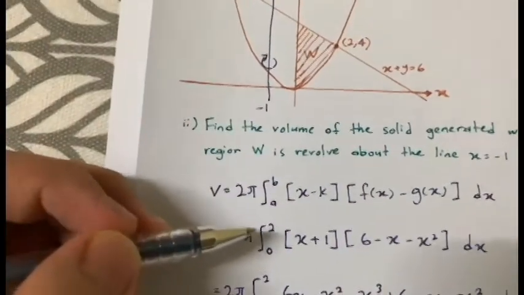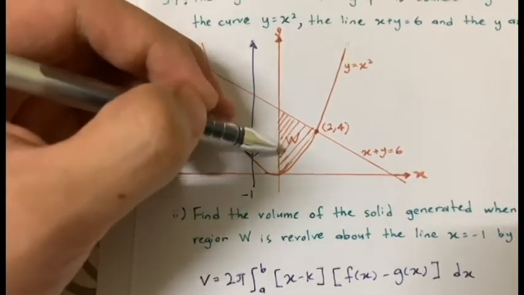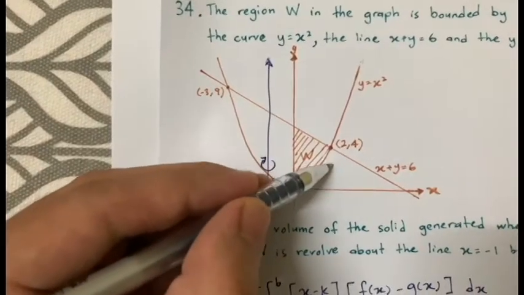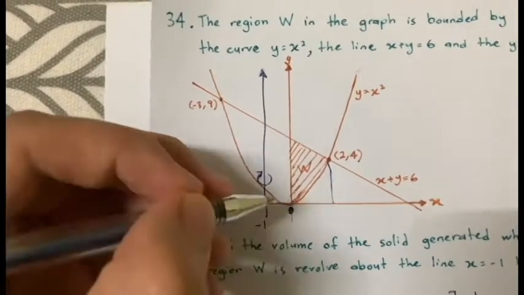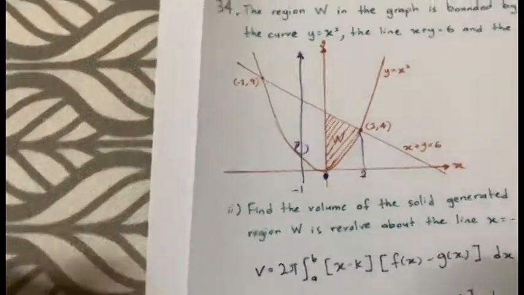So 2 pi integrate from, the y-axis is at this part, so we're going to integrate from here to here. So what is this? This is 0, and this is 2, according to the coordinates given.